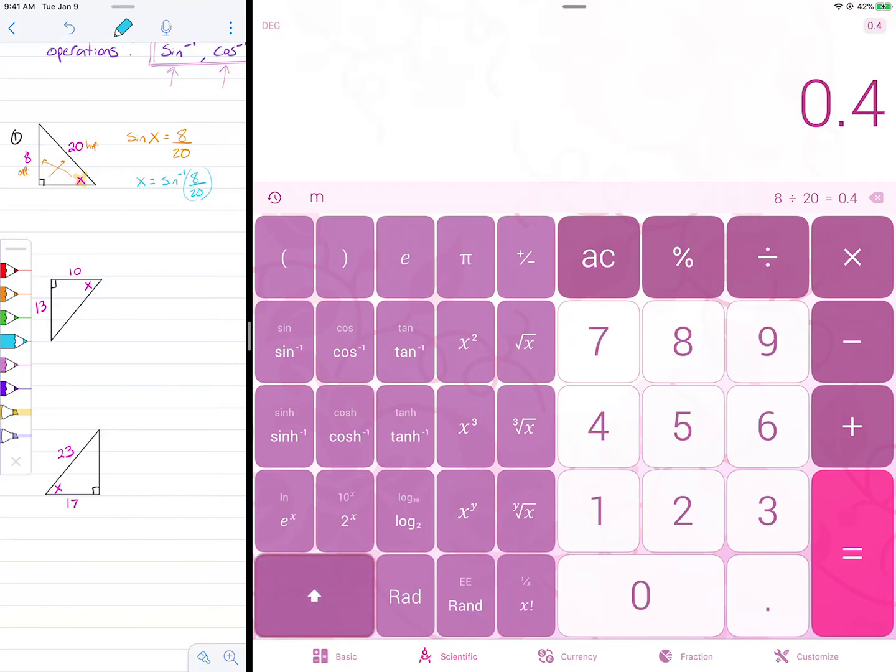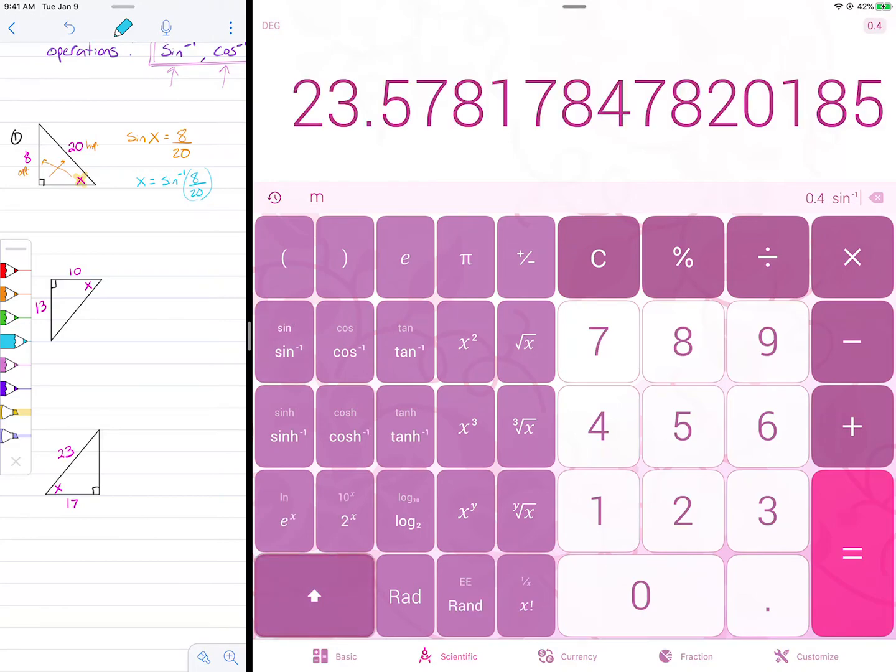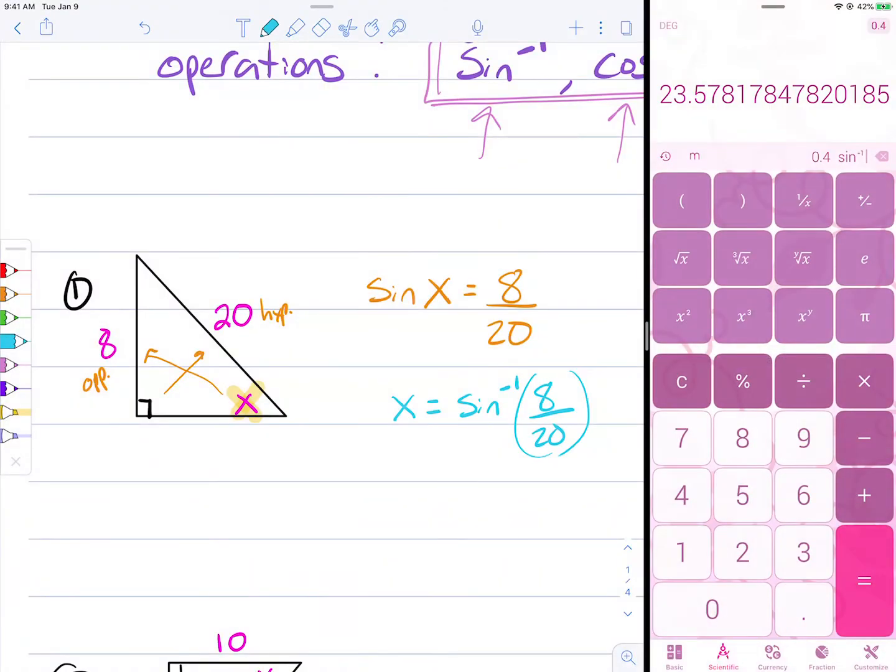So I have to make sure I hit my shift, and then my sine to the -1 button, and I get about 23.6 degrees. So I first put in the 8 over 20, and then I hit my inverse sine button. So x is about 23.6 degrees. Rounding to the nearest tenths place for your homework is just fine.